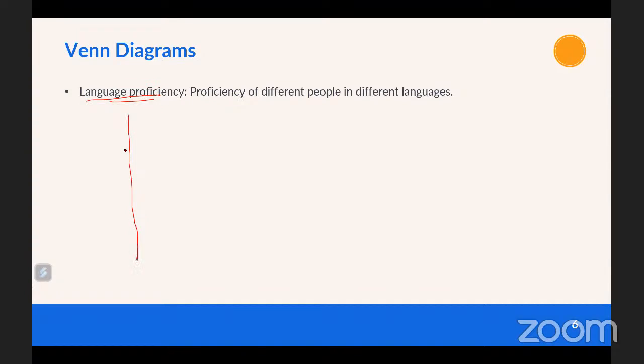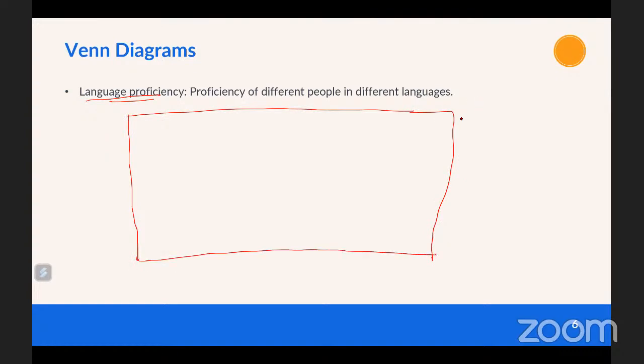So if we have a universal set which represents all the different languages which are spoken in this world, we can have a person who speaks. Suppose we have 7 languages currently.